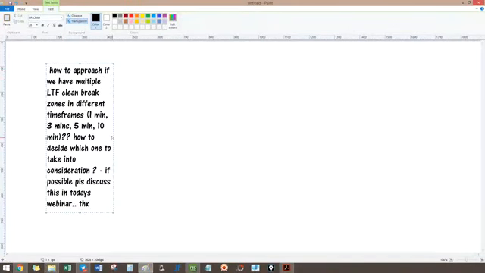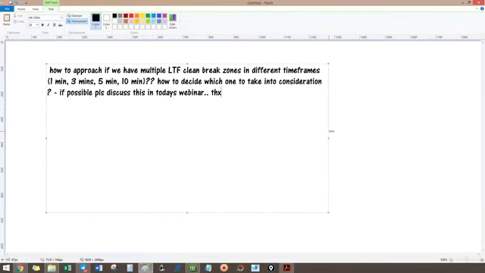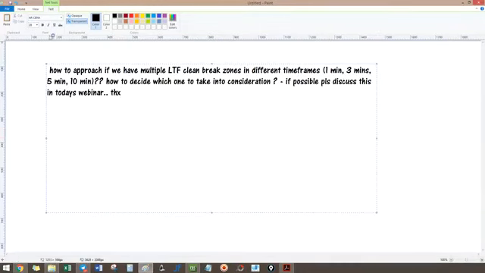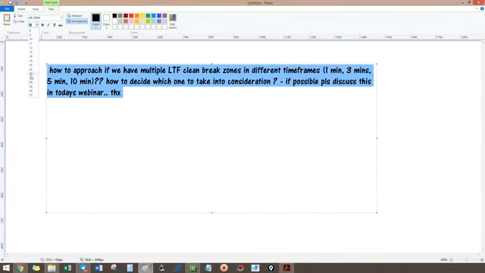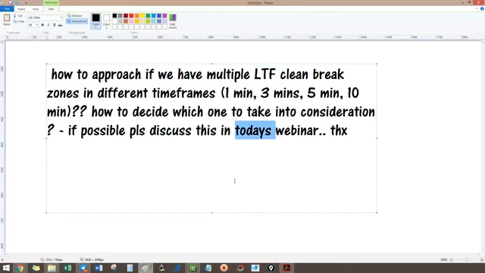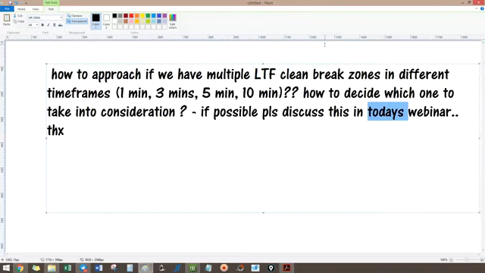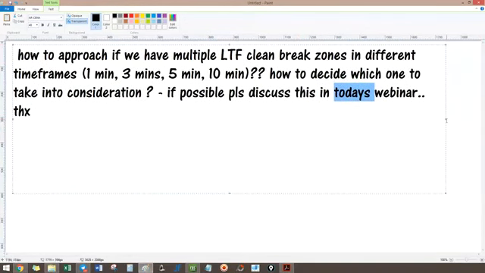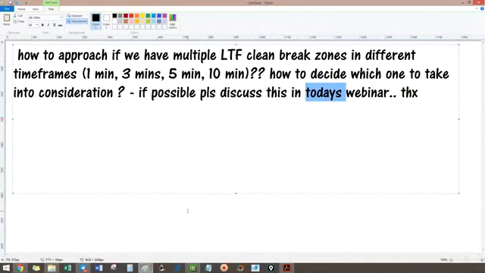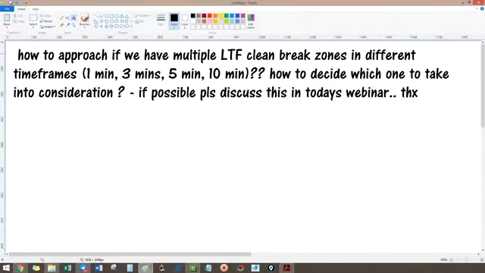How to approach the way we want to find the clean break on lower time frame?